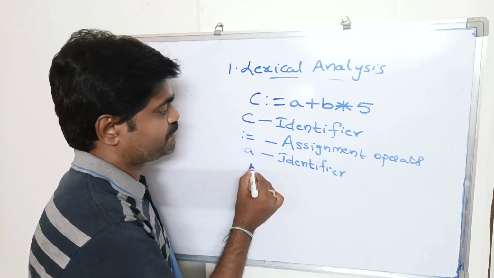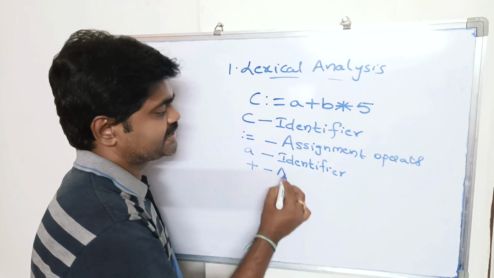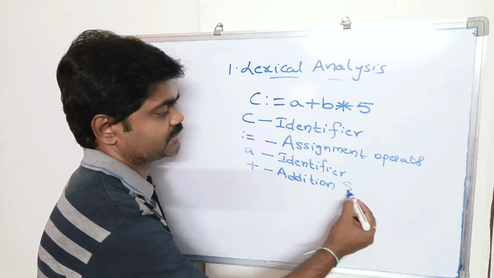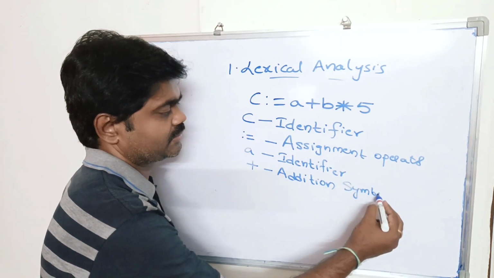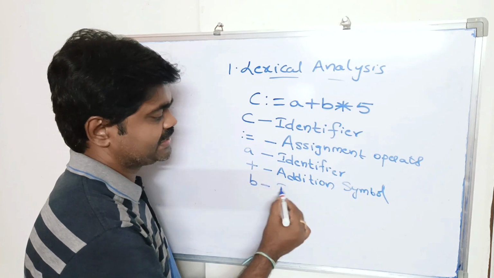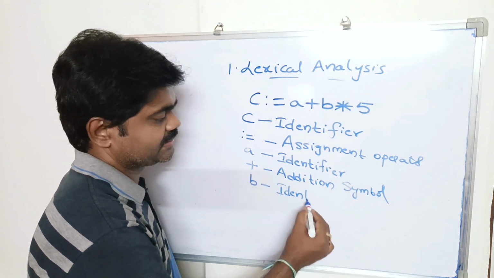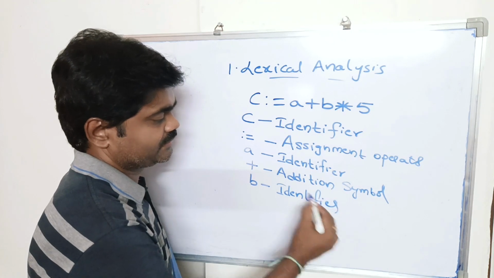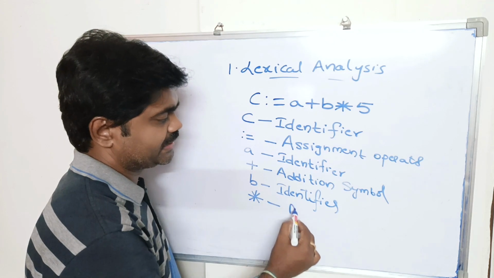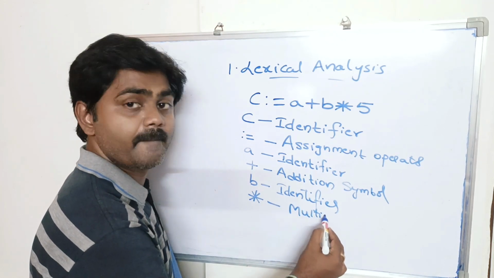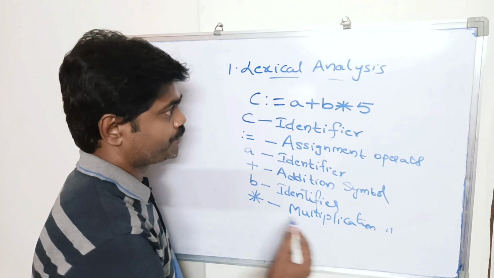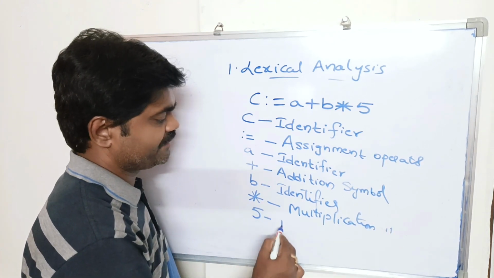Now what is plus? Plus is an addition symbol. Now what is B? B is an identifier. Now what is star? Star is a multiplication symbol. Now what is 5? 5 is an integer.